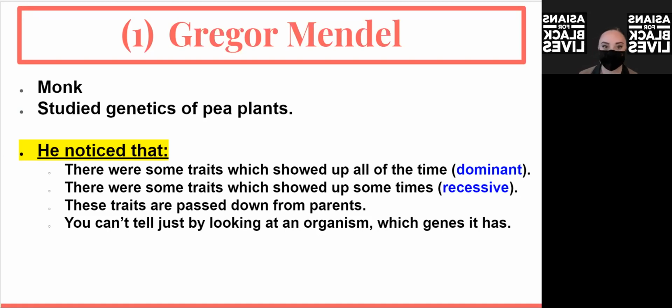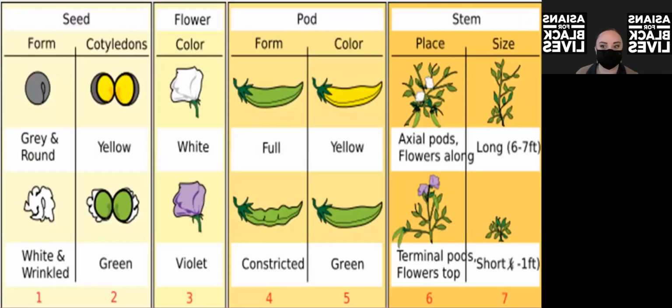Okay. So the reason Mendel actually favored pea plants for his studies was because pea plants have such a wide variety of characteristics that he could study.